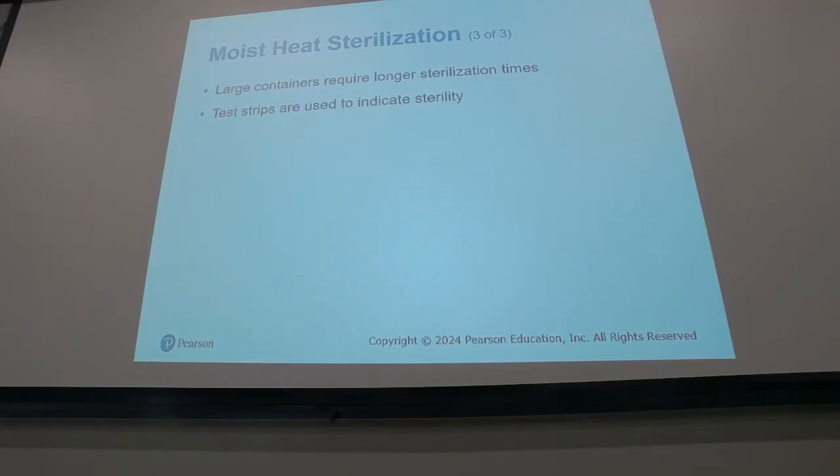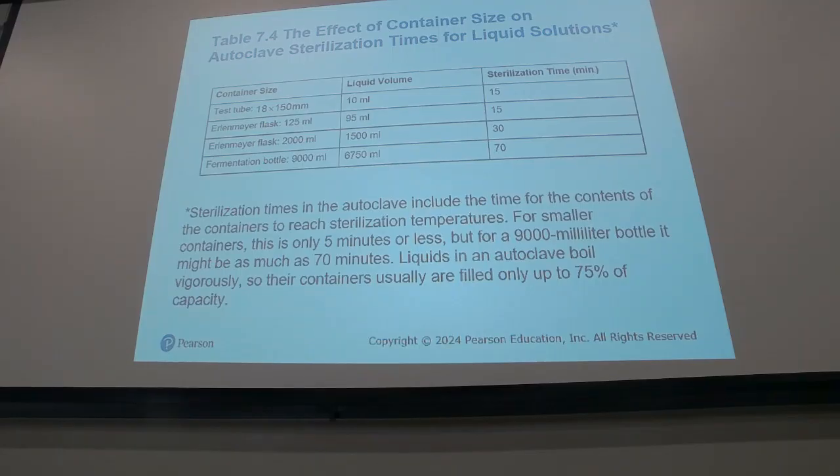You also have some indicators of a sterilization process, like test strips that tell you that a sterilization has taken place, or a tape with white lines at an angle that changes from white to dark color once you sterilize your materials. So this is what changes in terms of the volume of liquid that you're using, and of course, the flask that you're using.